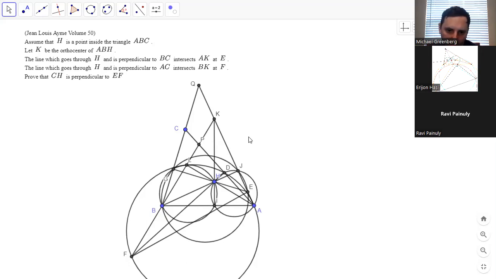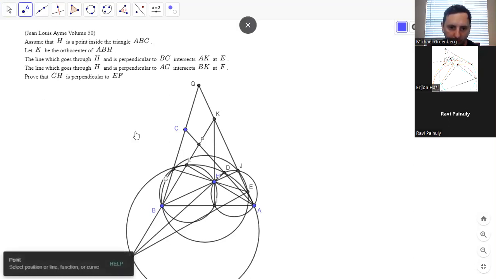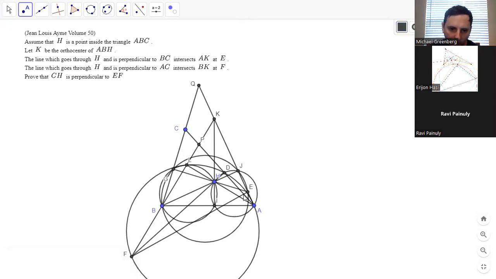What about, okay, I think I have an idea. So what if I let DA intersect EF, or if I let AC and AB intersect EF?